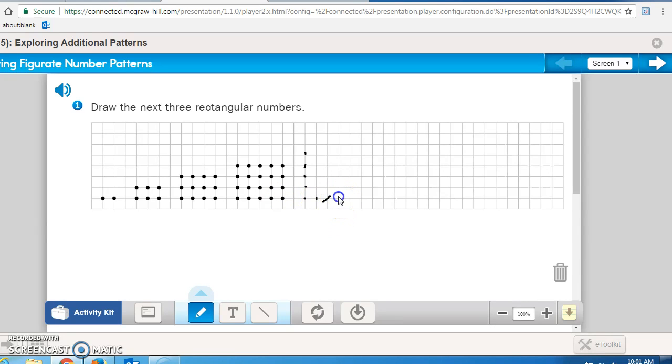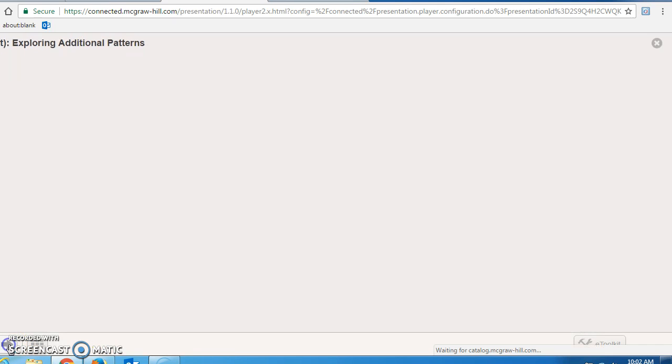Sorry, my dot got away from me there. 4, 5, 6. Now again, I would be filling a dot in on every intersecting point. That's what my pattern is, increasing 1 both in height and in width. And this is what it should look like when you've drawn it.